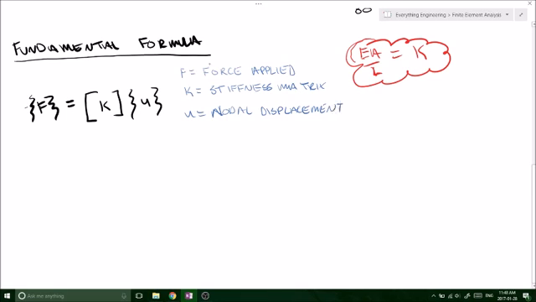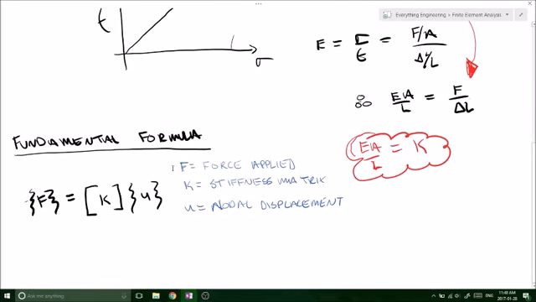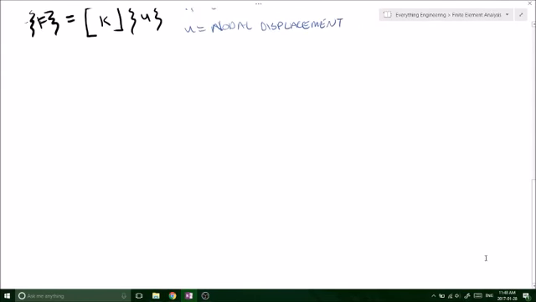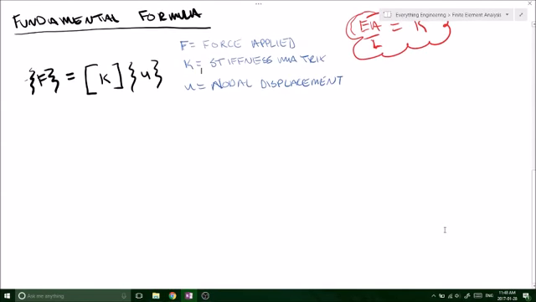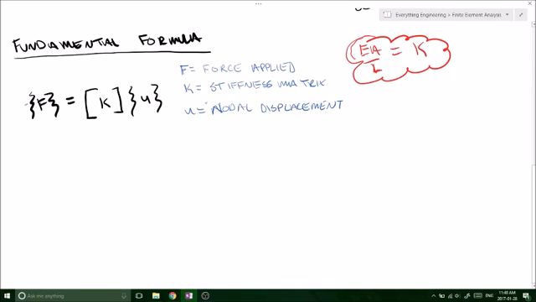Okay, so force applied is the applied force at any one of the nodes shown on your diagram. In this particular segment that we've isolated, we've got node 1 and node 2, so there's going to be a potential to have an F1 and an F2. Then we've got our stiffness matrix, which is nothing more than what we've just proven to be a property of the cross-section, area and length of our bar segment.